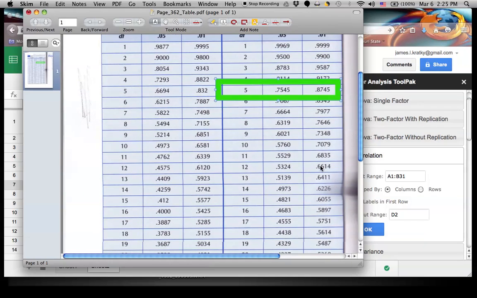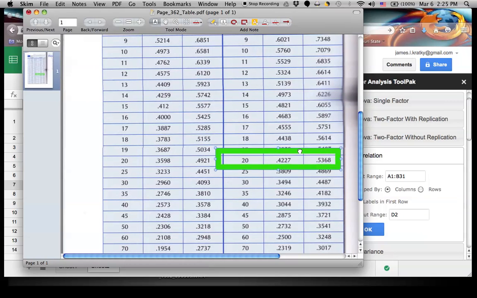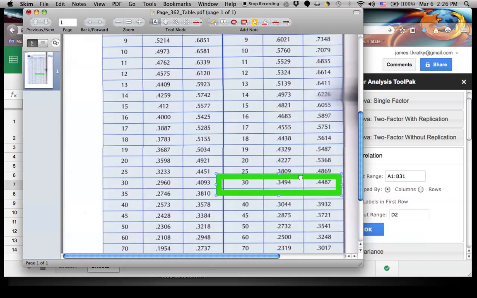Now the way this works is once we get to larger sample sizes, you'll note that we go from 20 to 25 to 30. Now the 28 would be in between here, so we have to choose either the 30 or the 25. Well, we actually choose the 25, because it's harder to reject the null hypothesis with a smaller sample size.